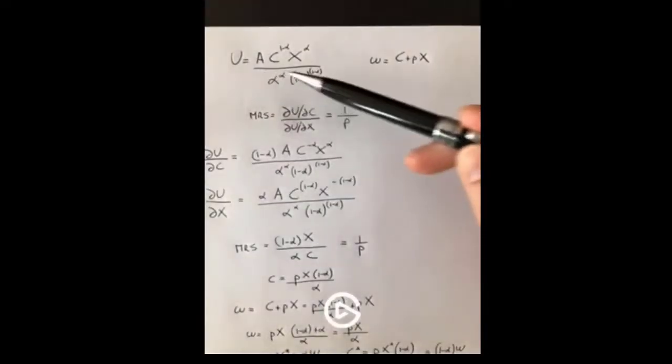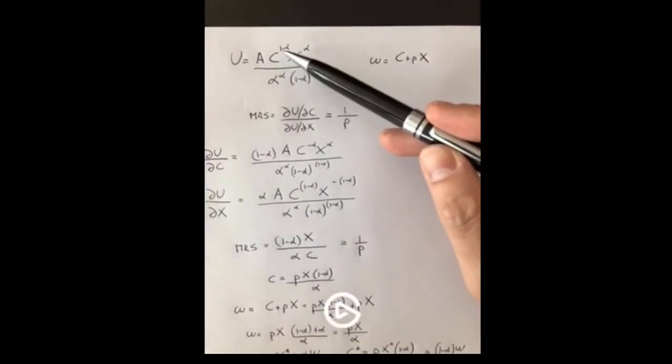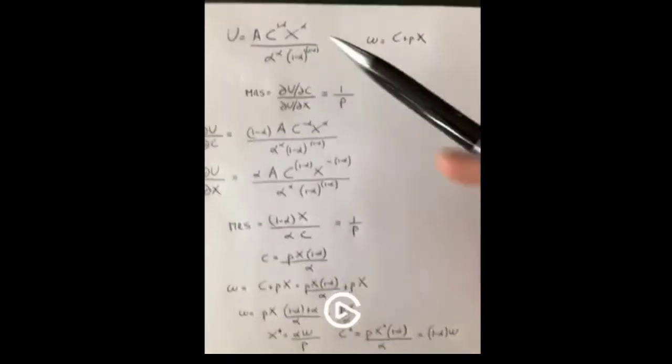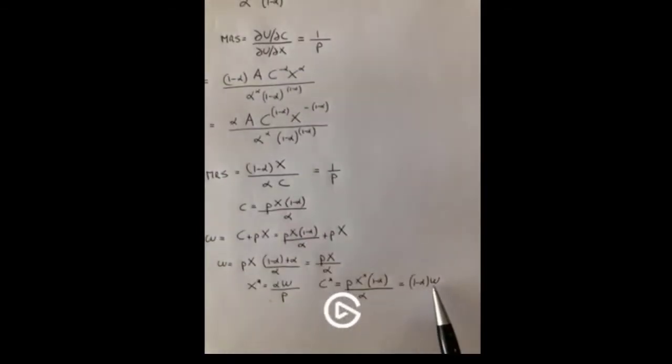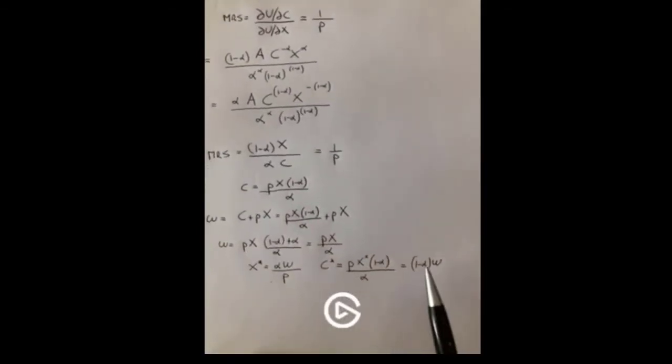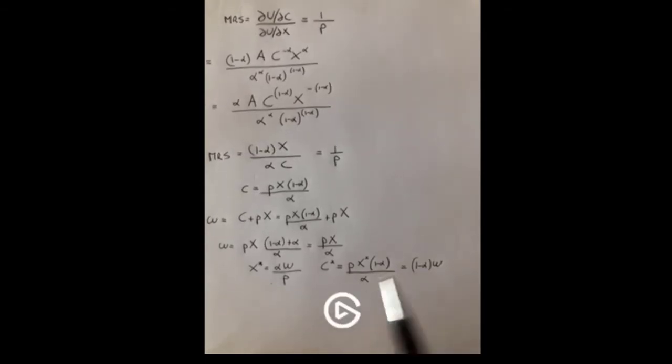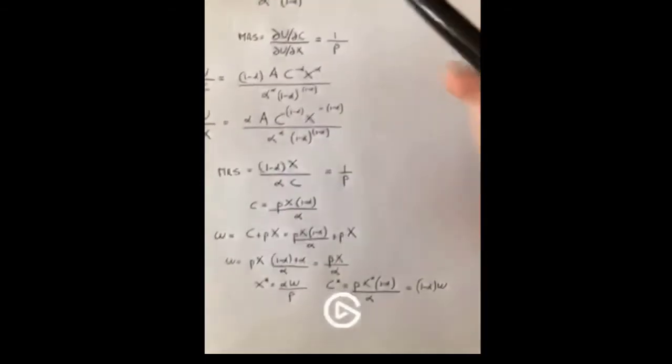So this utility function that has exponents like this, the exponent of c essentially tells me the fraction of the income that is going to go to good C. And the exponent alpha also tells me the fraction of income that is going to go to good X, divided by the price of the good I obtain the actual consumption of these goods in the optimal.